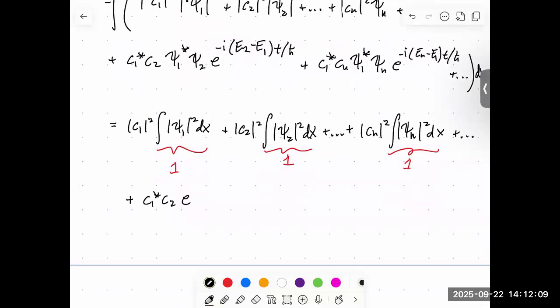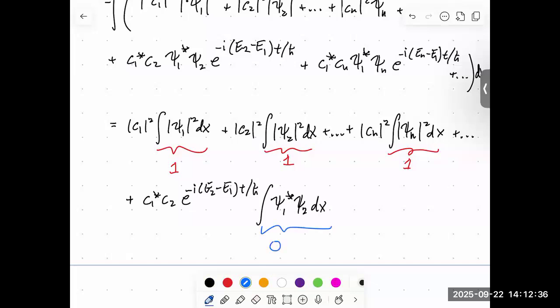So it's e to the minus i (E2 minus E1) t over h bar. And now the integral. So it's psi1 star, psi2 dx. All right. What's this integral going to be?